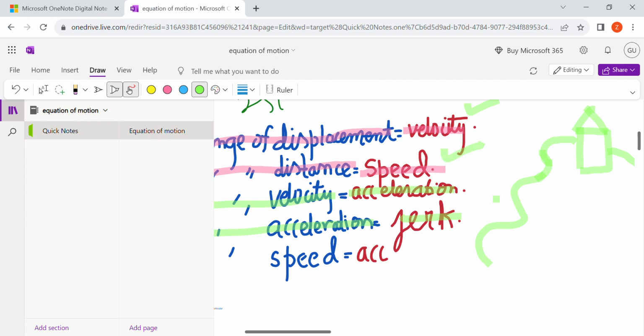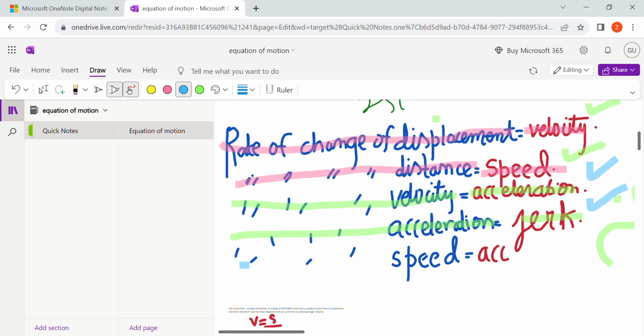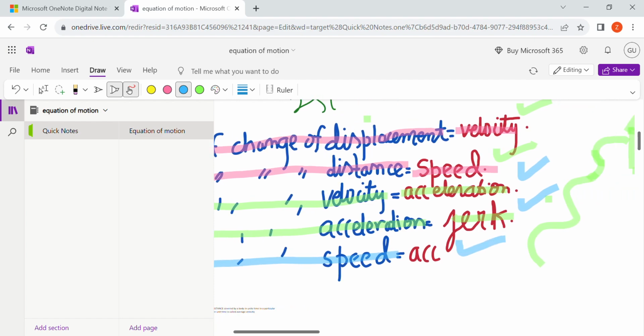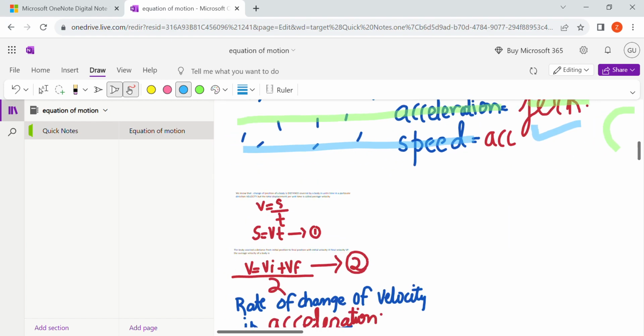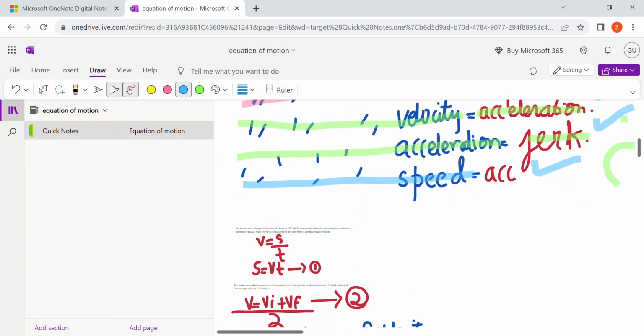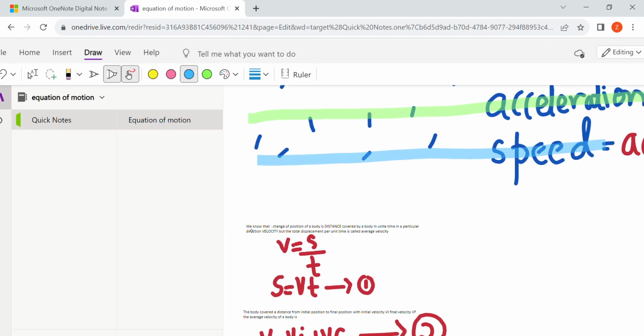The rate of change of velocity is known as acceleration, and the rate of change of acceleration is known as jerk. Again, the rate of change of speed is also known as acceleration. Acceleration comes twice, so you need to learn that. I hope that is clear. In the end, I'll repeat again for you.